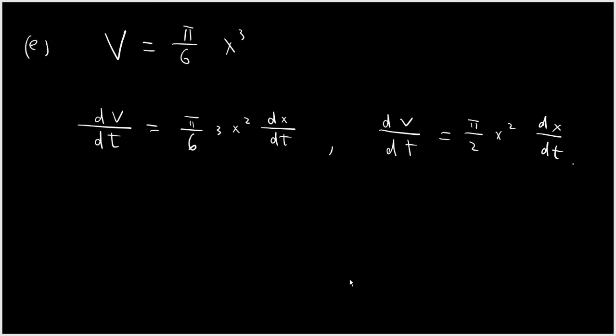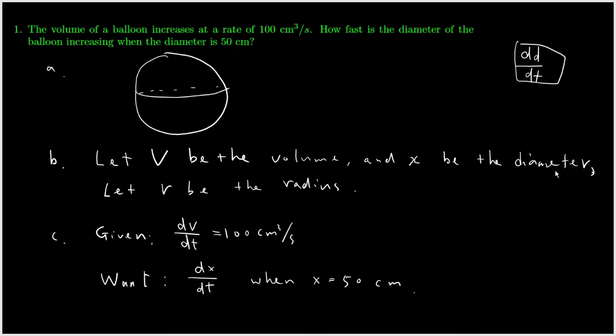Now we are ready to solve for the unknown rate of change. Now let's recall we are given the rate of change of v, 100 cubic centimeters per second. We are looking for the rate of change of x. So probably that's why I wanted to do step number C. Okay.